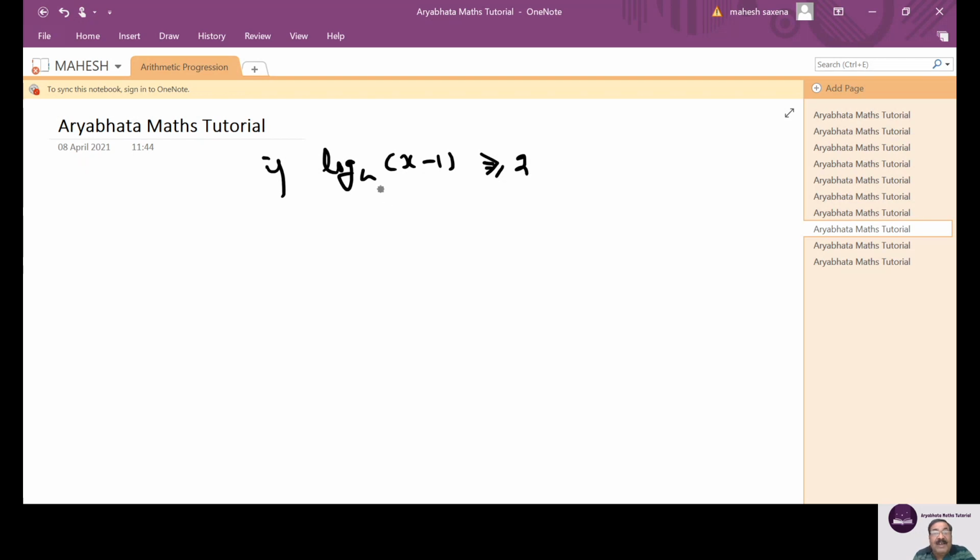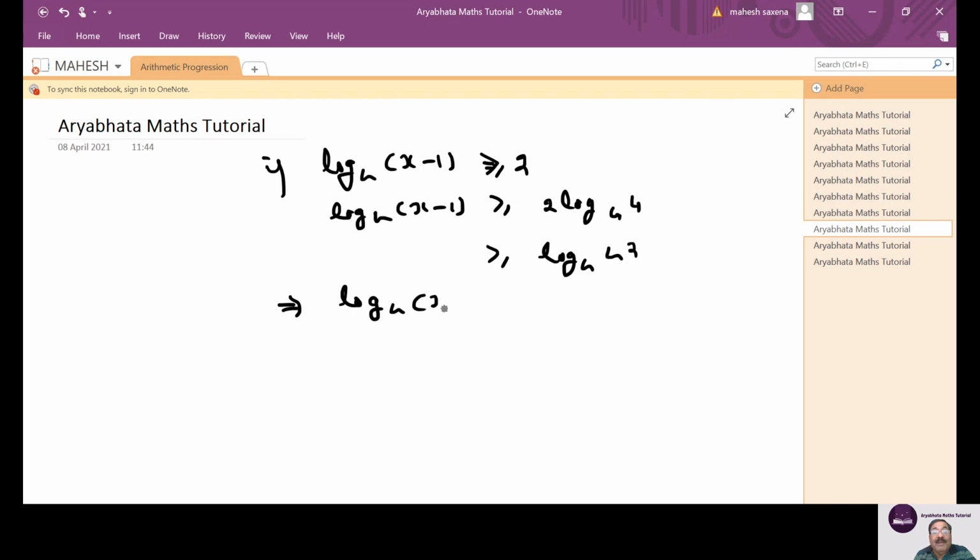In this case, we can write it as log base 4 of (x minus 1) greater than or equal to 2 log base 4 of 4, because log base 4 of 4 is 1. That is, it is greater than or equal to log base 4 of 4 squared, which implies log base 4 of (x minus 1) is greater than or equal to log base 4 of 16.